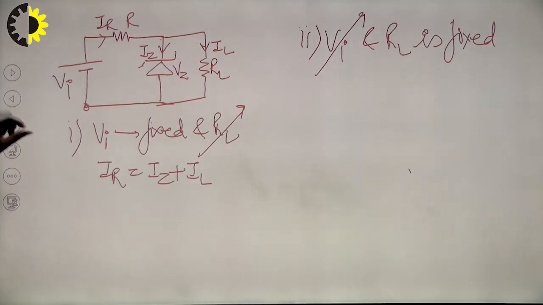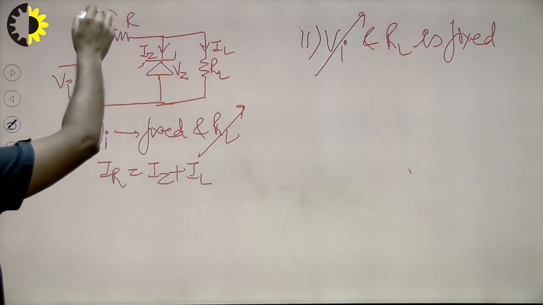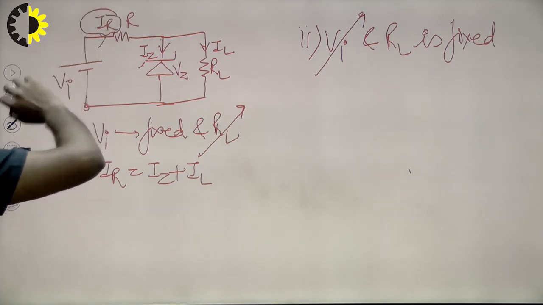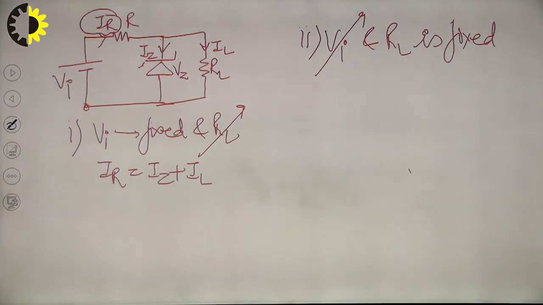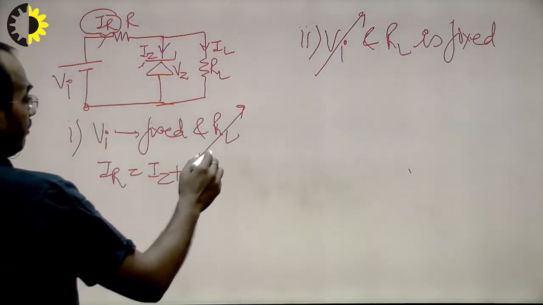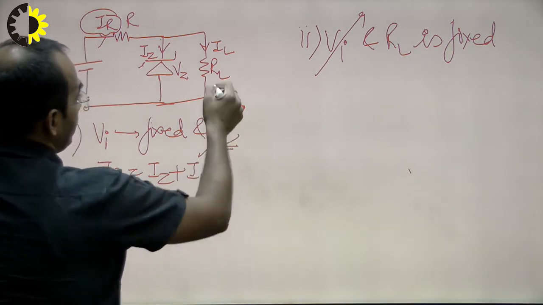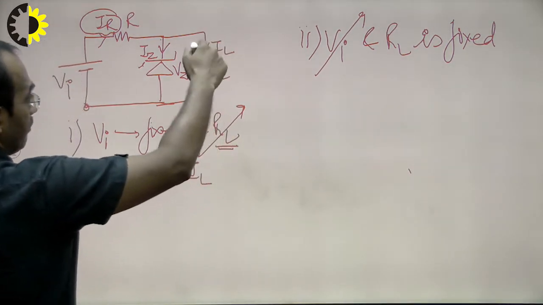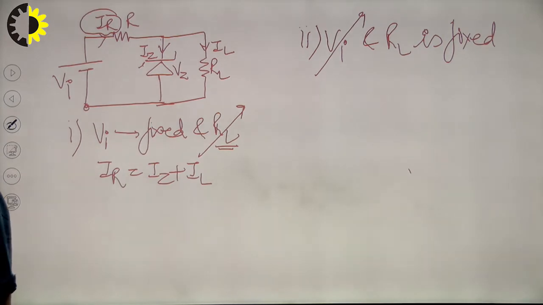Because we have fixed this voltage VI, by fixing this input voltage source, this current will be fixed. We cannot vary this current, but by varying the resistance RL, we can vary the current flowing through RL.